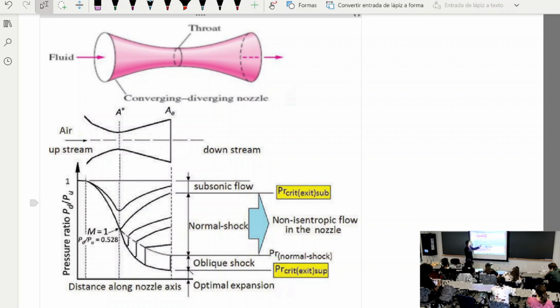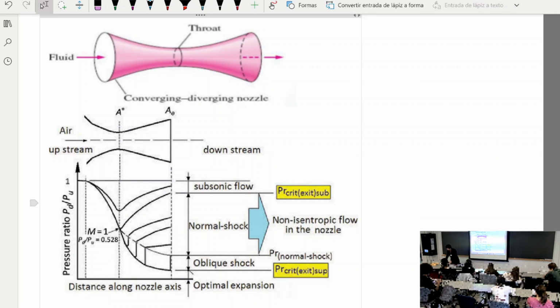For example, if you know the pressure at the outlet and the stagnation pressure at the inlet, then you can compute the pressure ratio P over PT, which is the reciprocal of this expression. And from there, you can compute the Mach number at the outlet.